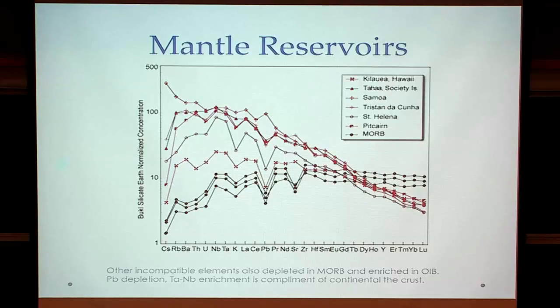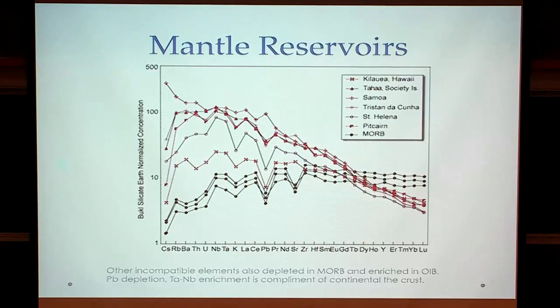I guess it's more about detail. I see that Samoa is different from everything else in terms of cesium, lead, and strontium in this particular figure. Do you have an answer for that? Yes. Very briefly, for Samoa, we have decent evidence that it is recycled continental crust that has been subducted into the deep mantle and returned to the surface.